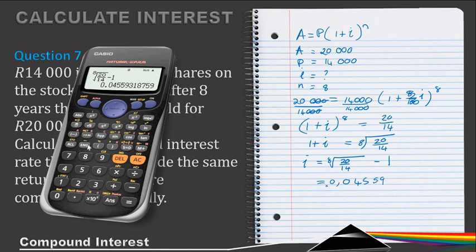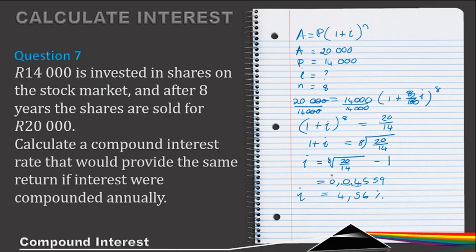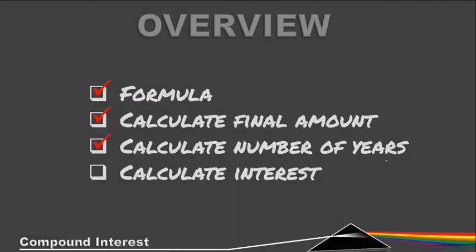Okay, and then to put it in percentage, remember we just multiply by 100. So moving the decimal places 2 spaces, that would give us 4, comma, and rounding it off to 2 decimal places would then give us 4,56%. Right, that is it.